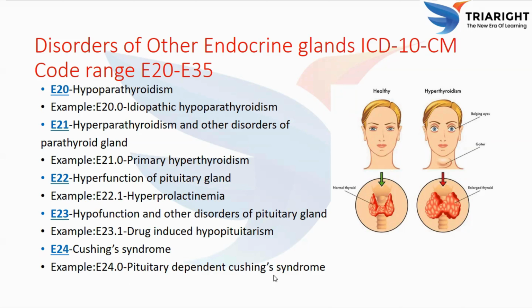Here the pituitary produces too much ACTH hormone, which overstimulates the adrenal glands. Whenever pituitary-dependent Cushing syndrome is diagnosed, just assign the code E24.0. You can also experience weight gain, especially fat gain over the face and trunk, and also high blood pressure and muscle weakness.